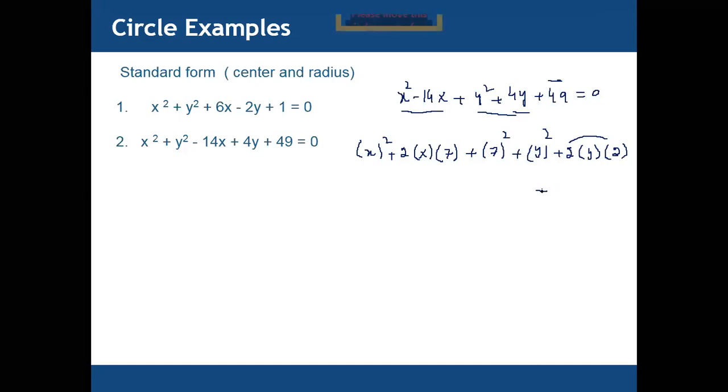Now to complete this formula, we need b square, where b is 2, so we need 2 square. We have 0 on the right side, but you can see we added this 2 square on one side, so we must add the same on the other side. Now x is a complete formula, and the formula is x plus 7 whole square.